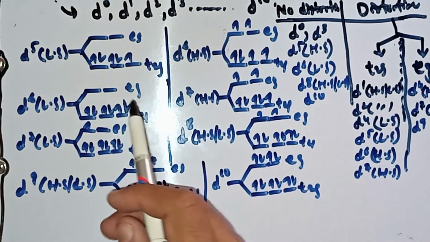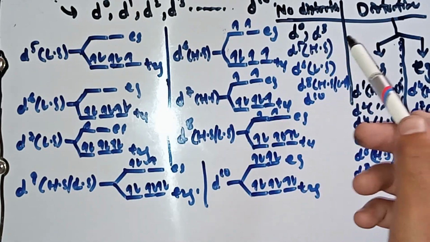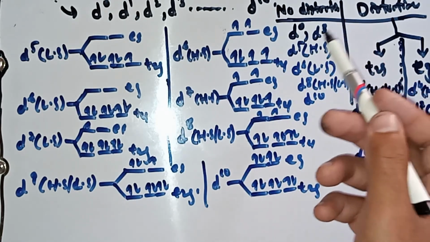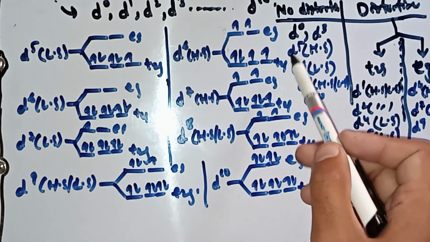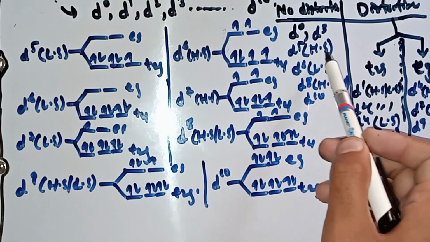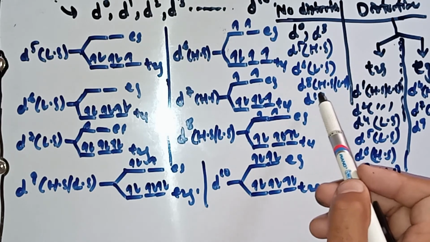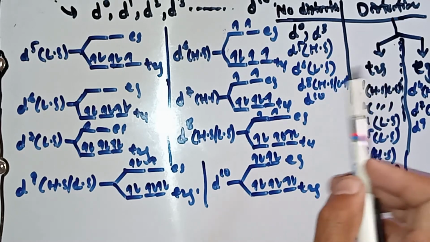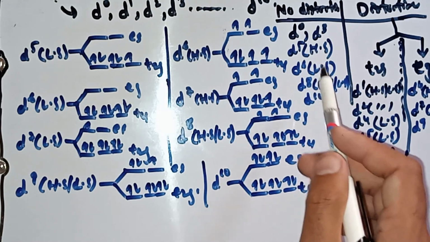So you can see clearly that there is no distortion in d0 and d3 systems, whether high spin or low spin. In the d5 system when high spin, the d6 system when low spin, the d8 system when high spin or low spin, and the d10 system when high spin or low spin, there will be no distortion because all are symmetrically paired.